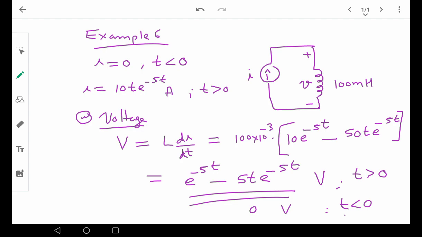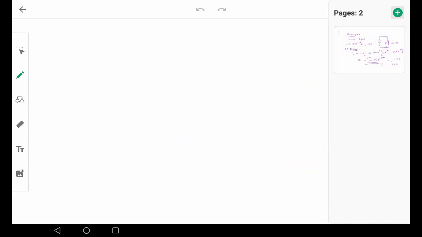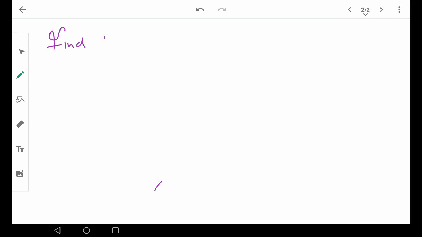And what about the power? What will you do about the power in this case? You have to find the power. What's the equation for the power that we have developed? Power is V into I. So you can multiply both.